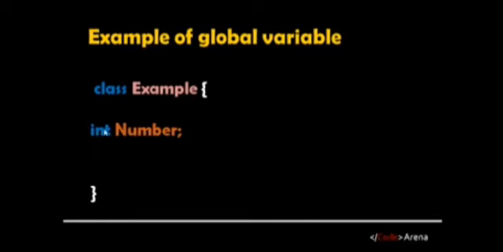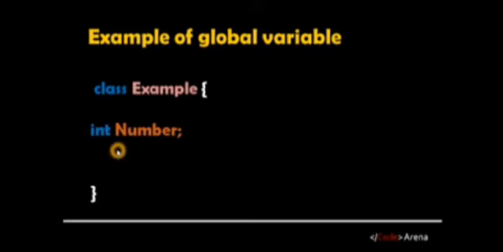In this case we have int, integer, and the variable is number, which means you are telling our compiler that a variable called number has been defined, and number will store a whole number value. This kind of variable is called a global variable, because inside our code, whenever we call this number, an error will not be thrown because it is global.